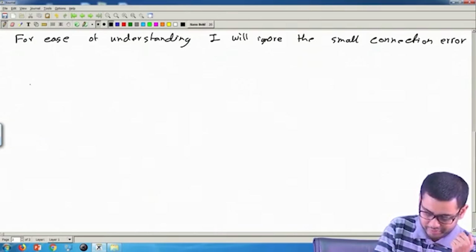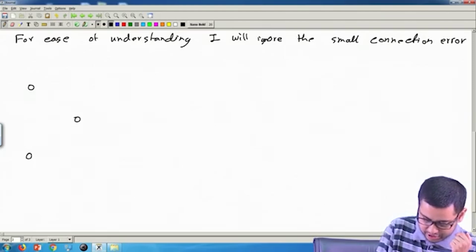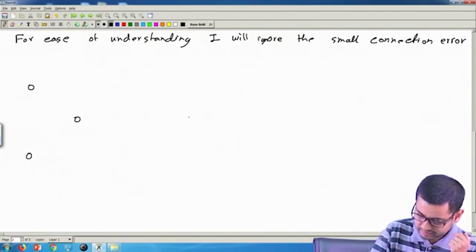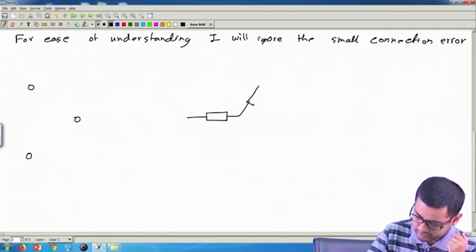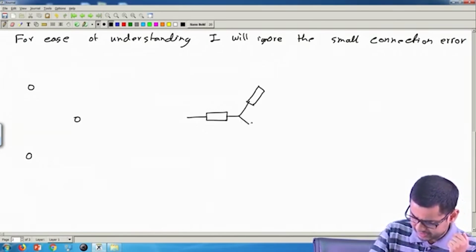3-phase wattmeter connection. So, for that we need a 3-phase load and a 3-phase supply. Say this is a 3-phase supply and there is a 3-phase load which is like this. Let me take a star connected load, it can also be a delta connected load.